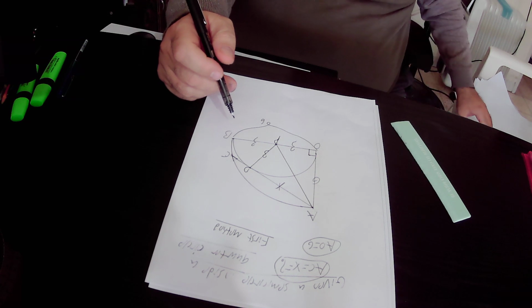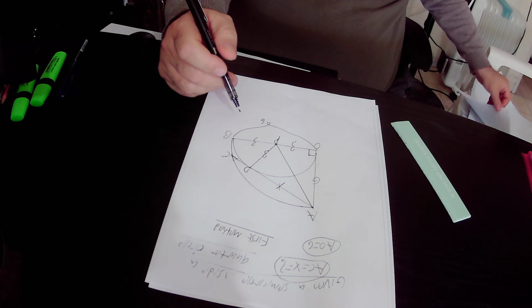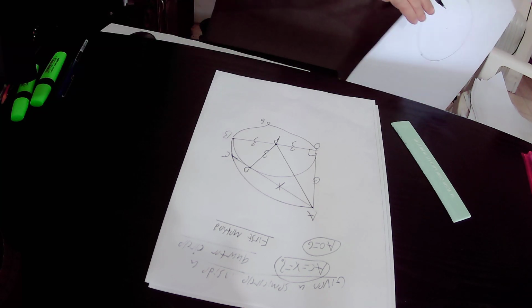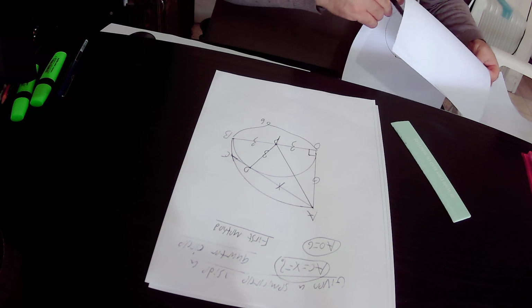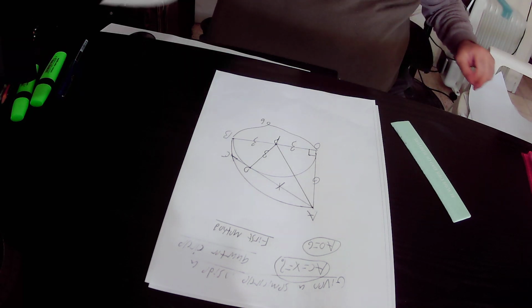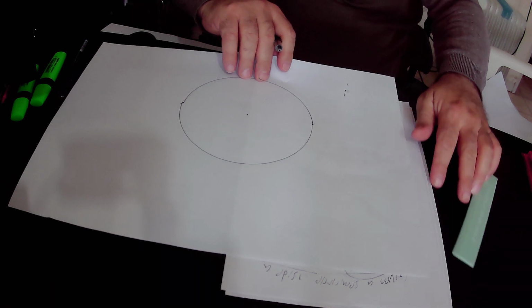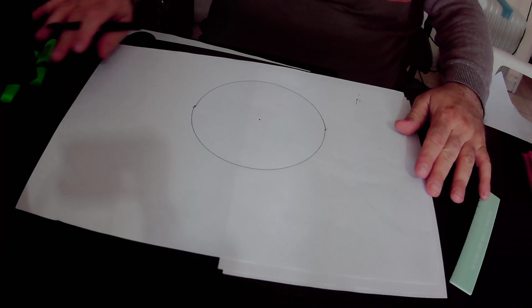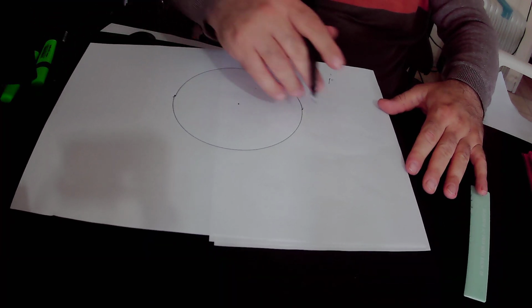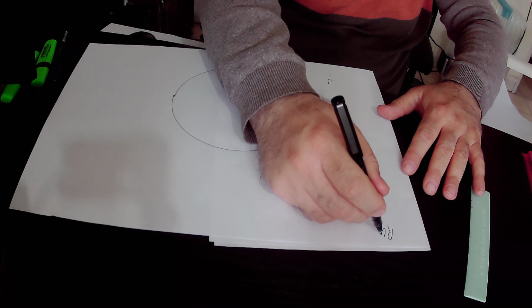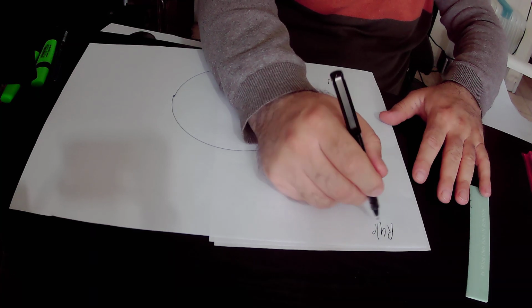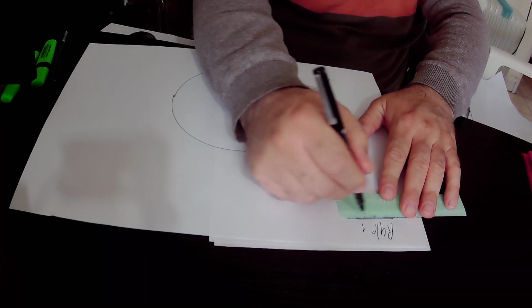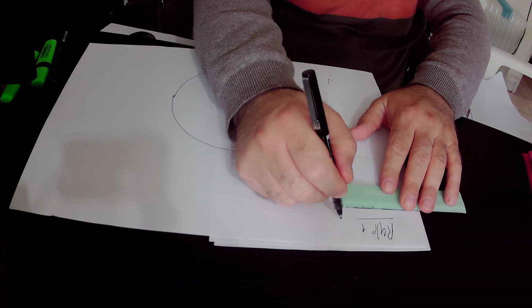And I will present to you a new rule, that is rule number 1. According to rule number 1, the lengths of two tangents from a common external point to a circle are equal. So I write it down.